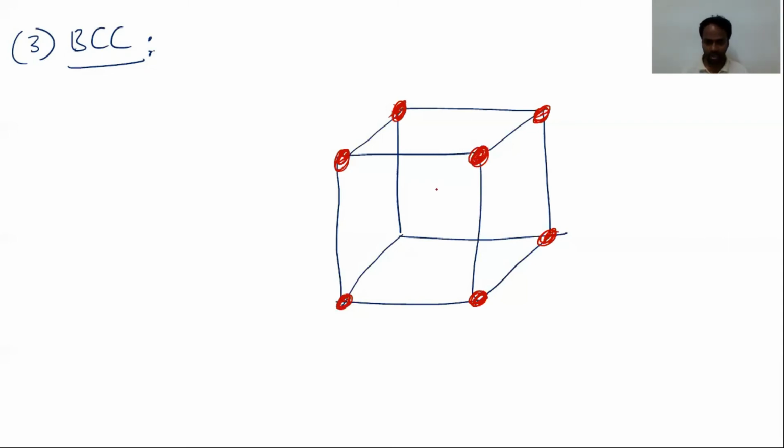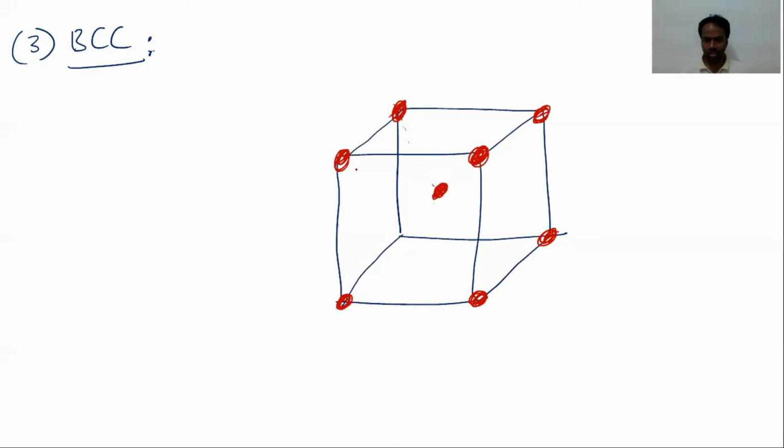Let us take this as the center of the unit cell. If you take the center as our reference point, for the center, the nearest neighbors are corner atoms.